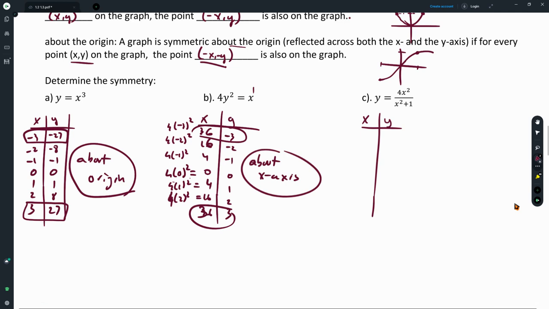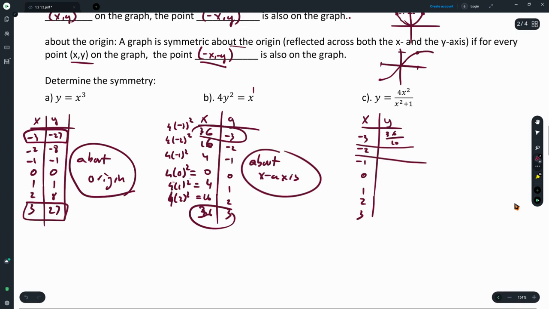Here, which one do you think is easier to plug values in? X, of course. I put values in for x and I just solve for y. It's easy. So -3, -2, -1, 0, 1, 2, 3. I put -3 in. I'm going to do a lot of this in my head, but you should work this out. 4 times 9 is 36 over 9 plus 1 is 10.